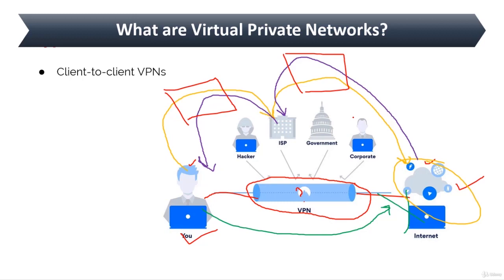So now there are different types of VPNs. Now why is this so important? Because the types of VPNs are named based on the role they play in real-world business. The first one is the client-to-client virtual private network, which is also known as remote access virtual private network.